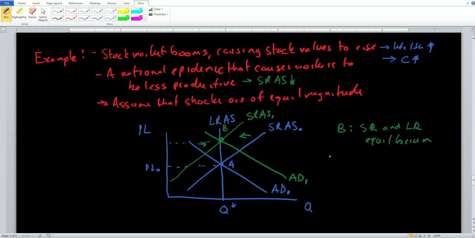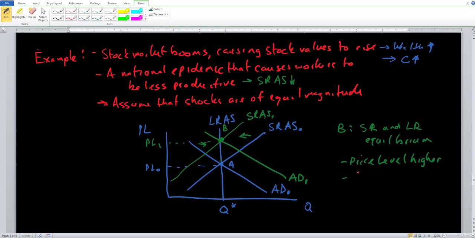And what do we notice at point B right here? Price levels are much higher than before, so the price level is higher, so we have some type of inflation. But what about GDP? We remain at the same exact amount of GDP. Remember the keywords that we had: indeterminate, unknown, or stays the same.